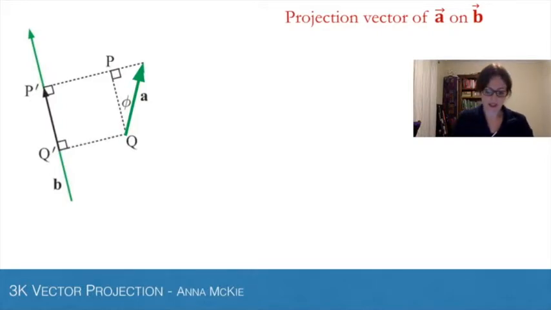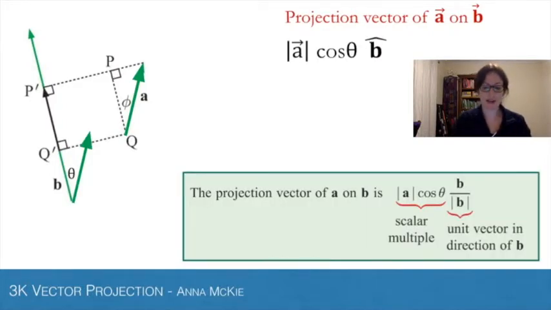So the projection vector, we're just going to unpack this a little bit. So we've got the length of A, cos theta, and B, that's the unit vector. I'll explain a few parts to this. If we're after the length here, we'll call PQ, so this side here, using right-angled trigonometry, how could we work out PQ?